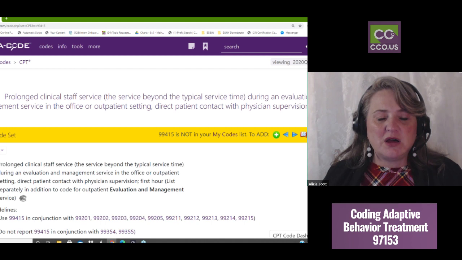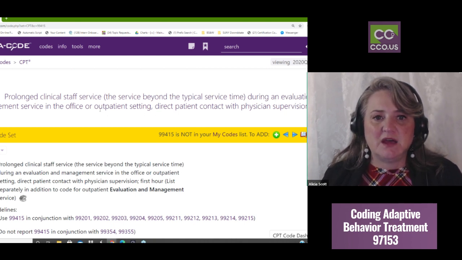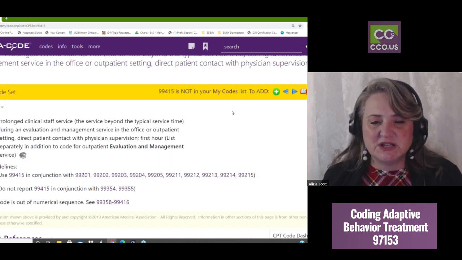Prolonged services, clinical staff services, this service beyond the typical service time. Okay, prolonged. During an E&M, office or outpatient setting, direct patient contact with physician services. And what is the question again about the code?